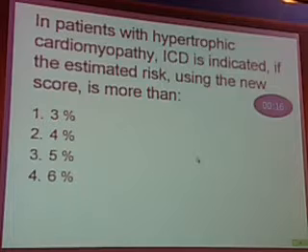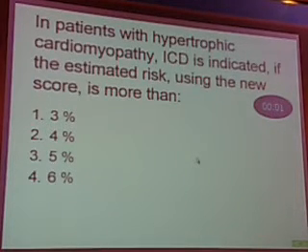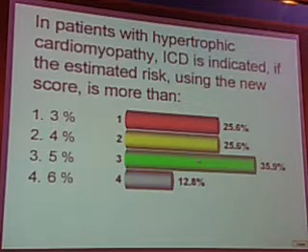As you know, we have now a new calculator, a new tool, more reliable than the previous one. And this number represents the annual possibility of sudden cardiac death. It's not correct. It is 6, the correct number.